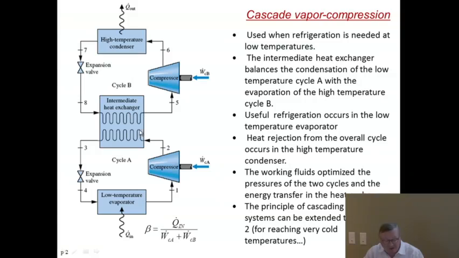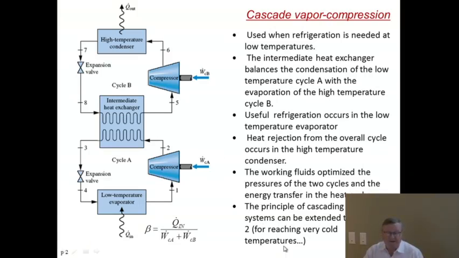The evaporator here pumps heat out of the condensation of cycle A. So now the overall system, the overall heat in, Q dot in, is at the low temperature evaporator, and the overall heat out, Q out, is at the high temperature condenser, and this is the intermediate one.